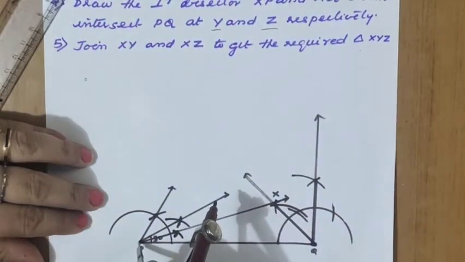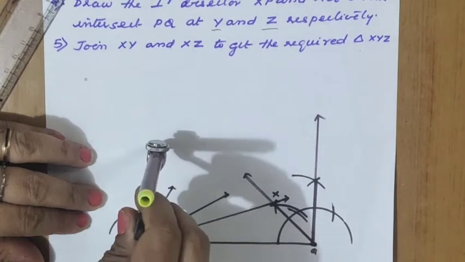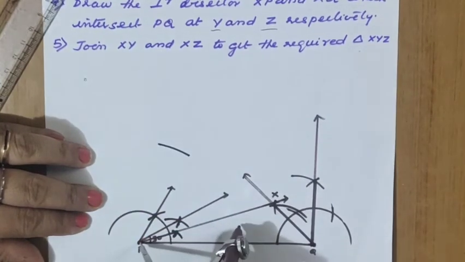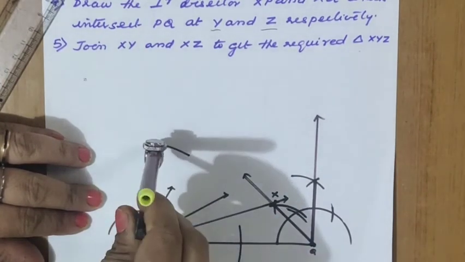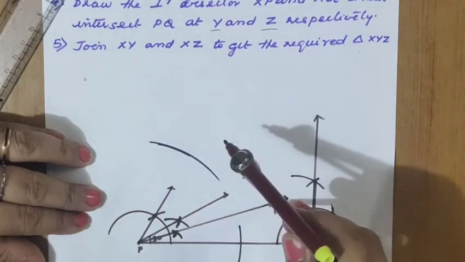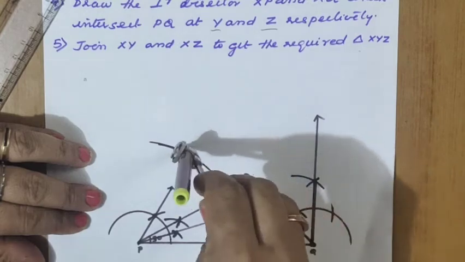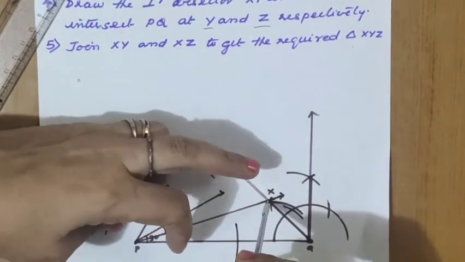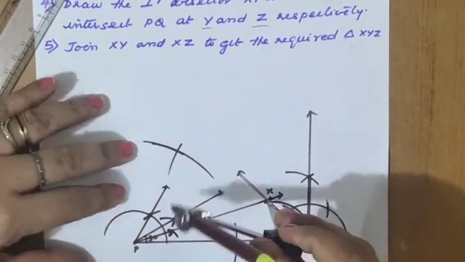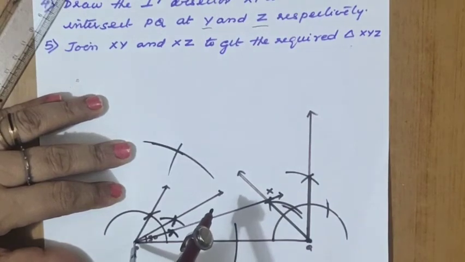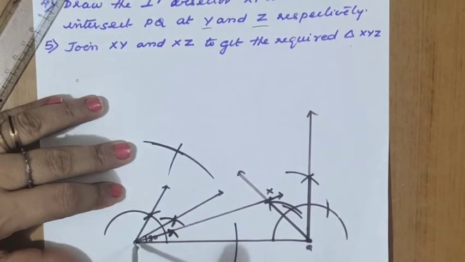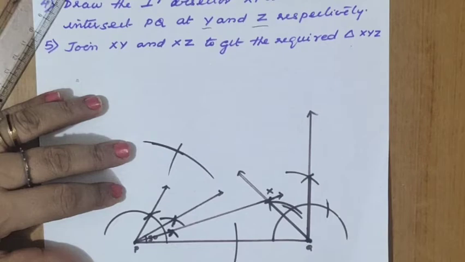Okay, so this point P here, little big arc I'll use. Okay, from this end, X point to be taken. Okay, it's not cut, so again we have to extend this side. So first perpendicular bisector is completed.